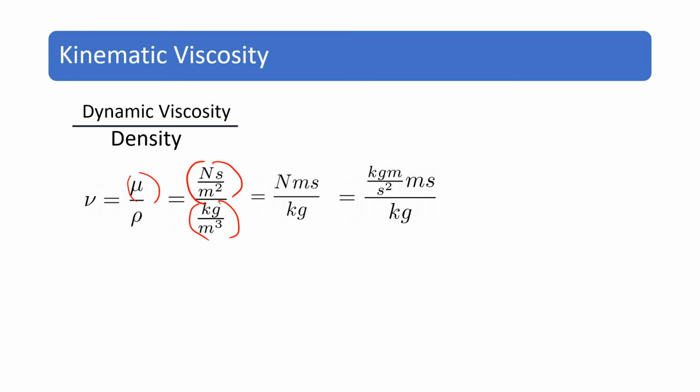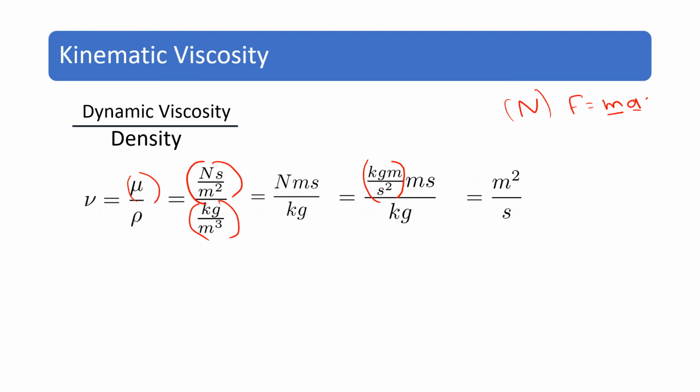If you write the unit of Newton, force is equal to mass into acceleration. The unit of mass is kilogram, and the unit of acceleration is meter per second square, so Newton is kilogram meter per second square. If you simplify it, you will get meter square per second.